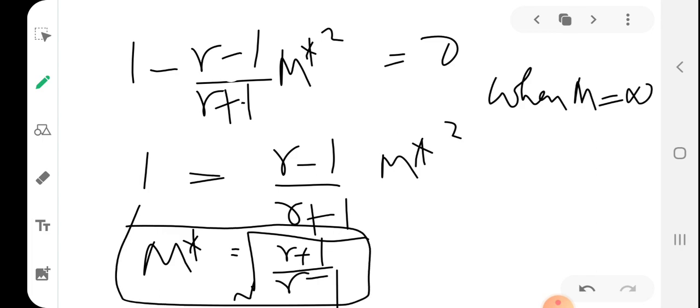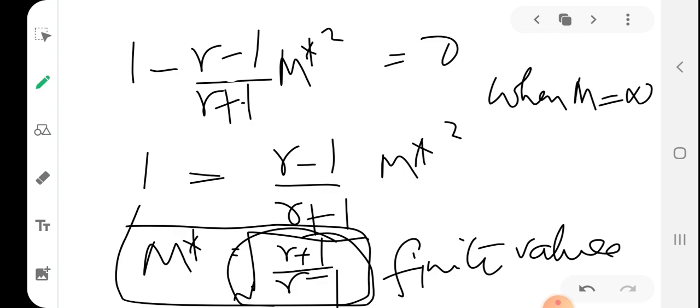You can note that this value will never be equal to infinity. This is a finite value. Why? Because if you substitute gamma equal to 1.4, so 1.4 plus 1 by 1.4 minus 1, if you take the square root, you will get a finite value only. It never approaches an infinite value. So that is the advantage of using Mach star.